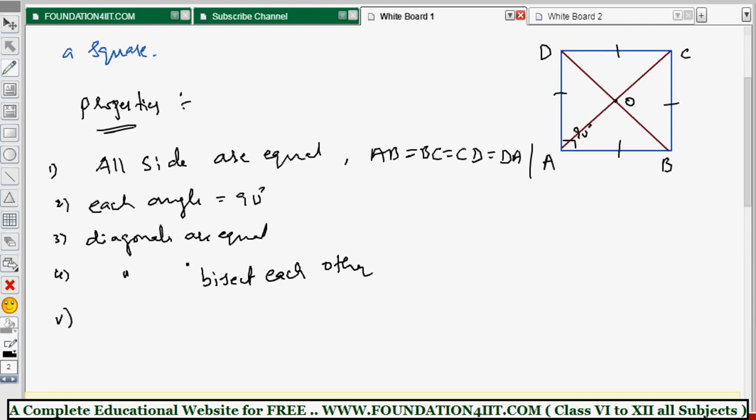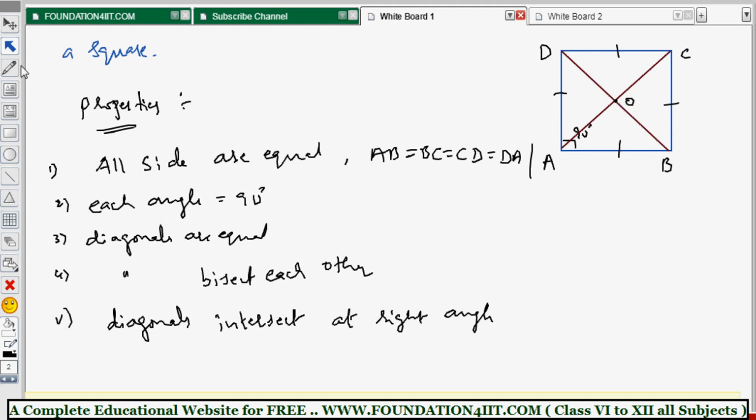And here diagonals intersect at right angles. That means AC and BD are intersecting at O, and the intersecting angle is 90 degrees. So that is perpendicular bisectors.